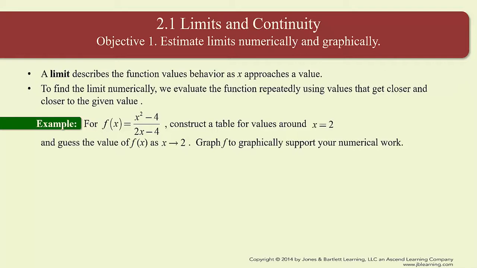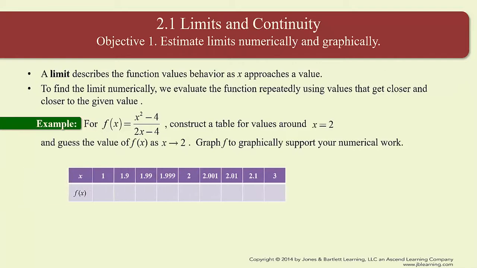Once we look at a table of values, then we're going to look at a graph of f to graphically support the numerical work. So typically what happens with an example, and this is going to be true going forward, you should write the example down, because I typically will head off to the chalkboard to work out the example.